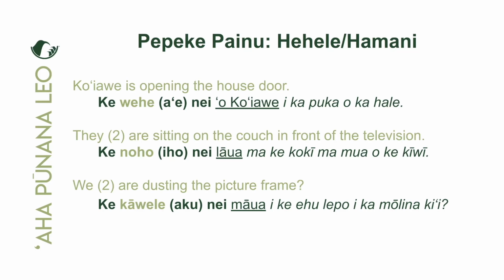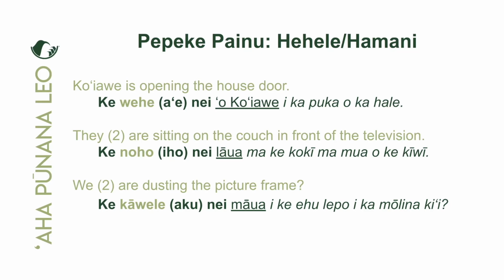Who is doing this action? Maua, us two. Yeah, we two. They are dusting ke ehu lepo. Yeah, ehu lepo is the word for dust. And what are they toweling or dusting? I ka molina ki'i. Yeah, molina ki'i is the word for frame, picture frame, for photographs.